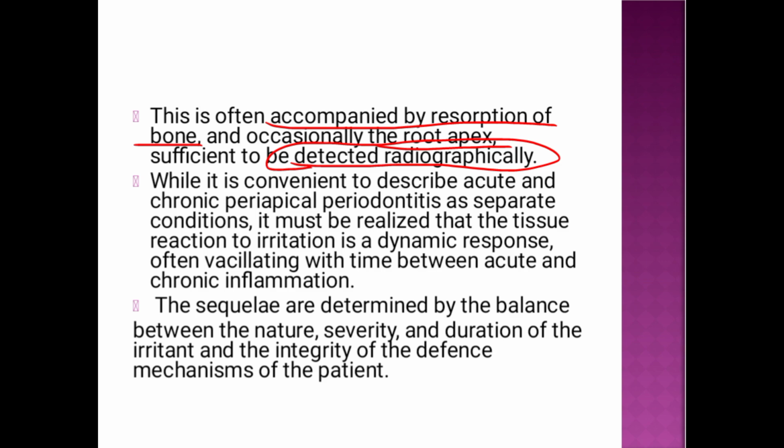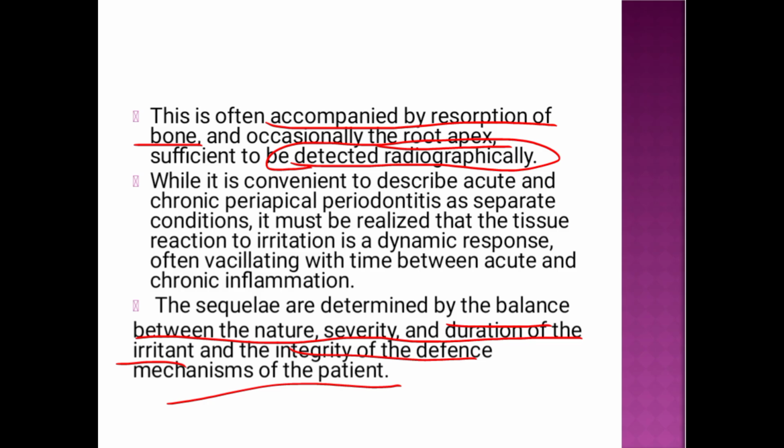As we have seen in pulpitis, the pulp tissue was irritated, so the response was inflammation. This sequence is determined by the balance between the nature, severity and duration of the irritant, and the integrity of the defense, that is, how the patient's defense system is.